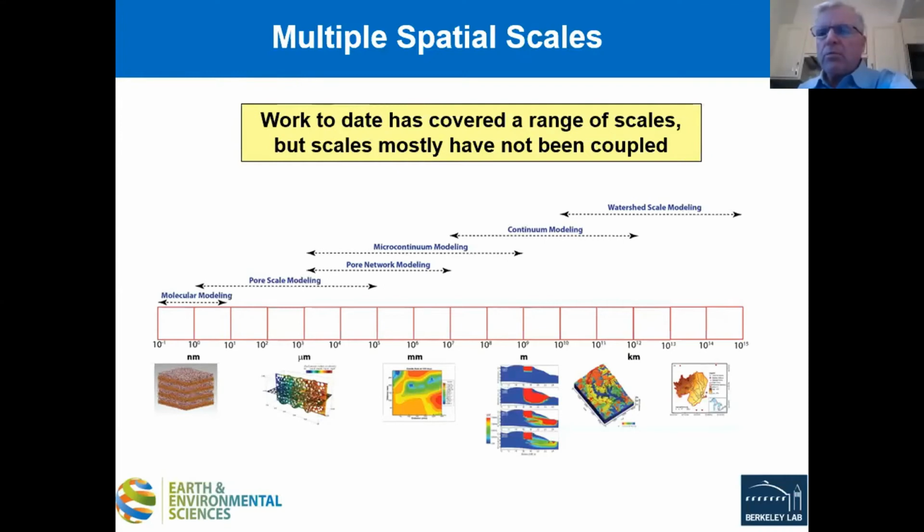Plume scale we probably did more of in the past. And now the new big drive, in addition to molecular, is to take it beyond plume scale to what we call a watershed scale, where you start to look at the whole range of terrestrial processes, including plants, exchange or interaction with the atmosphere, but also hydrologically, interactions between surface water, say rivers, streams, and groundwater.